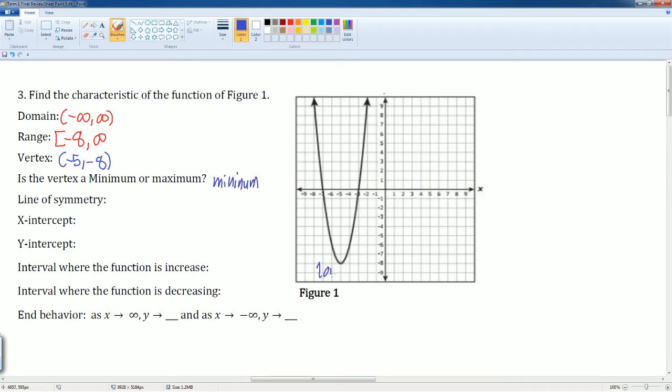Why? Because this is the lowest point right here. Then we could draw the line of symmetry, which is straight down here, that cuts this in half. All right, and that is the value of x is equal to -5.